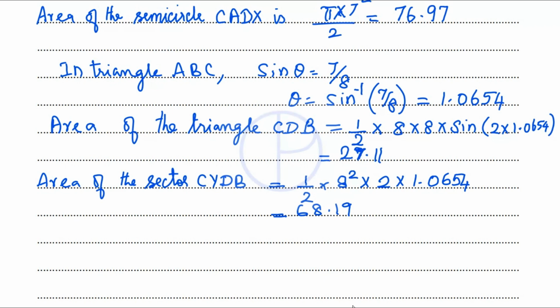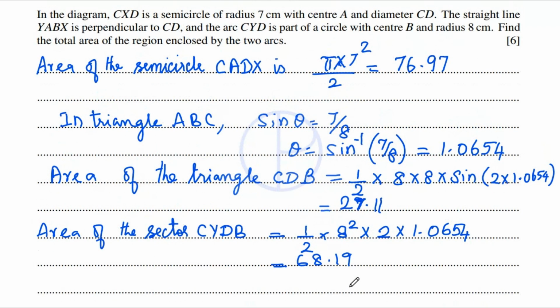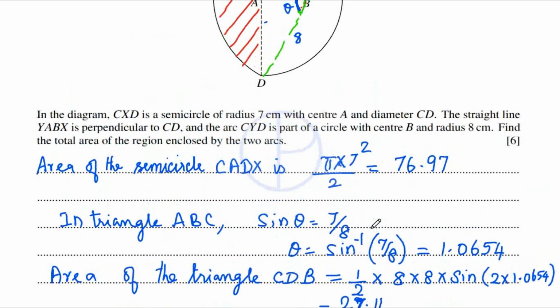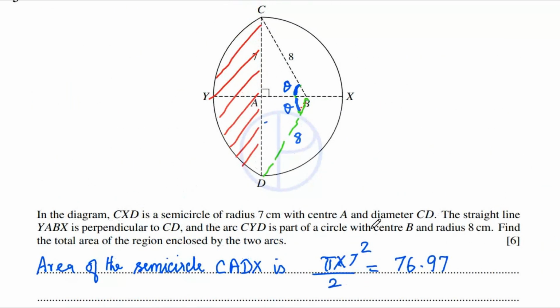So now we got the area of the semicircle, the area of the triangle CDB and the area of the sector CYDB. Okay, now we have to find the total area. Total area is nothing but the area of the shaded region plus the area of the semicircle.